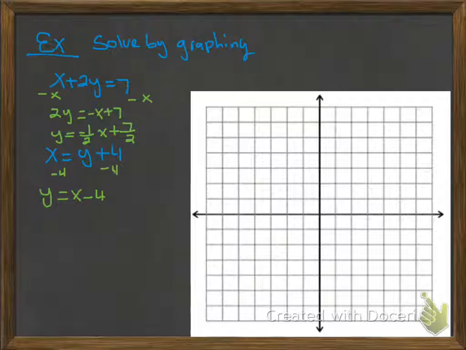Now I have my two equations to graph. I'm going to go up to 7/2, which is 3.5: 1, 2, 3, and a little bit, so right about there. My slope is down 1 over 2, so down 1, over 2, and I'll create my line.